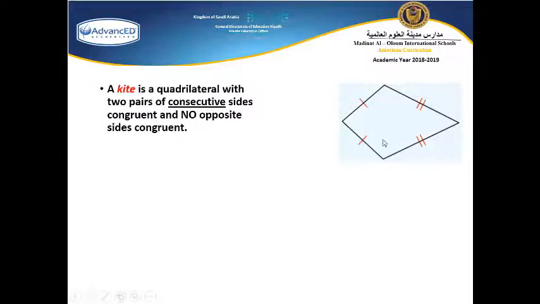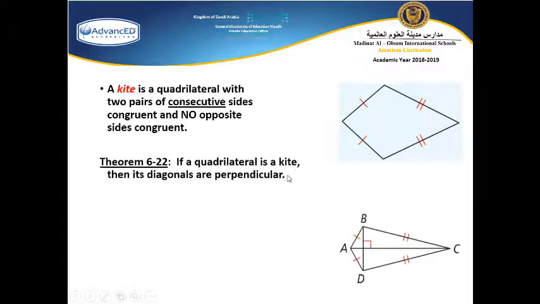Not opposite sides congruent. The two diagonals of the kite are perpendicular, and the longest diagonal bisects the opposite angle, not the shortest one. The longest one bisects the opposite angle and also bisects the shortest diagonal.